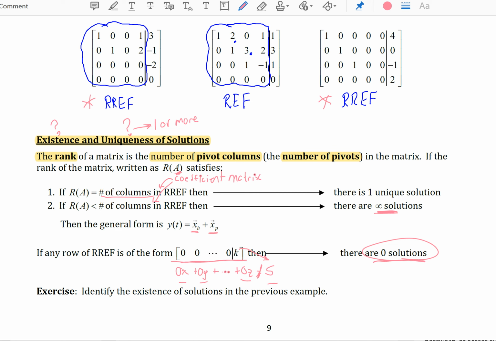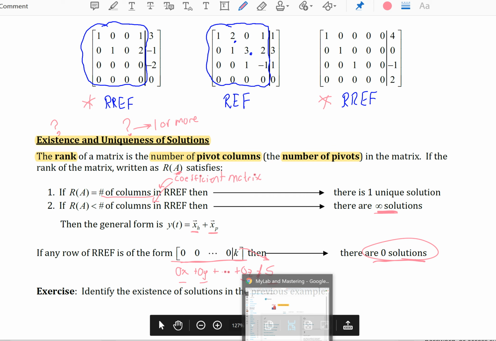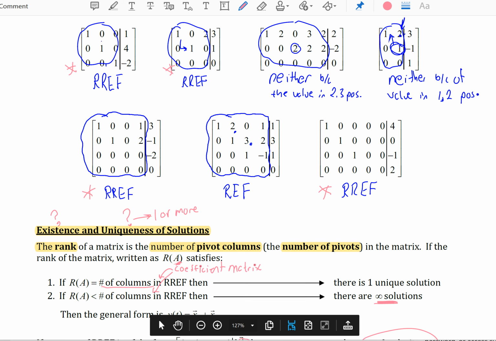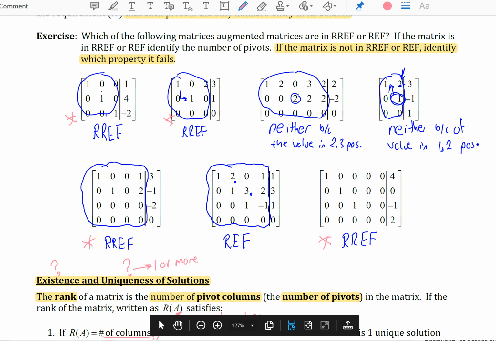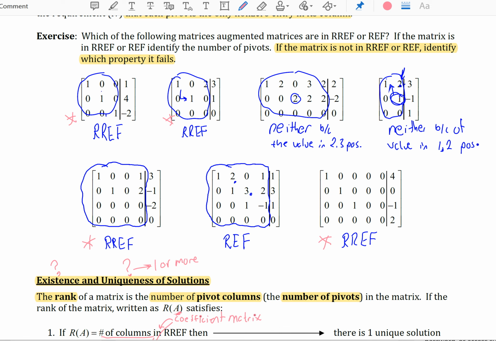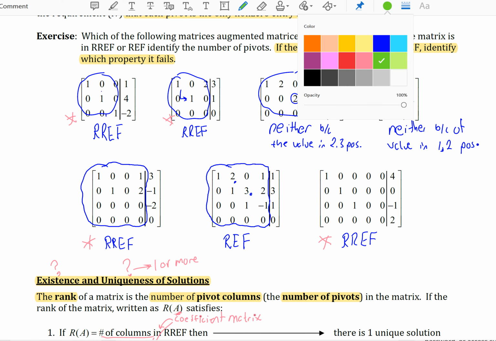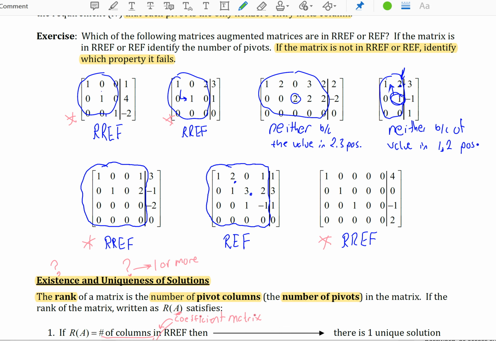So let's look back at our previous example and identify the existence and the uniqueness of solutions. Here we're in row reduced form, and you want to say here that the rank is 3, which matches the 3 columns of our coefficient matrix.